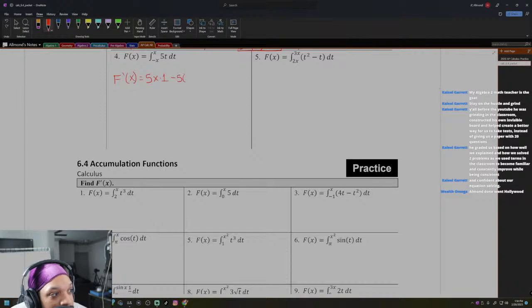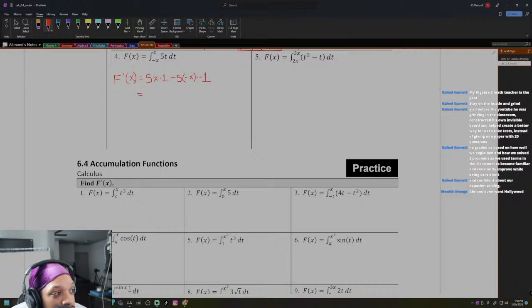Well, we're going to do the same thing, but now we're going to plug in a negative x in place of t. And then we've got to multiply by the derivative of negative x, which is negative 1. Right.